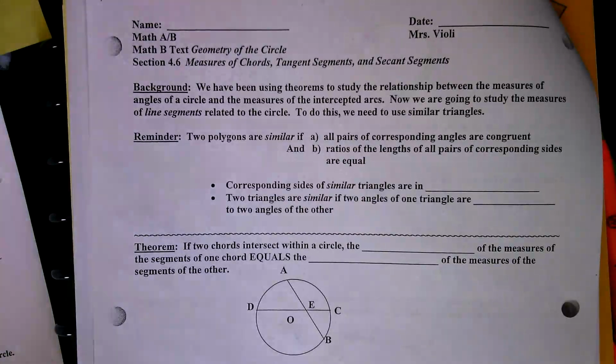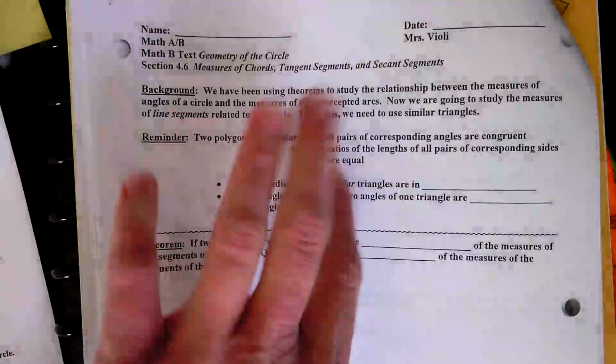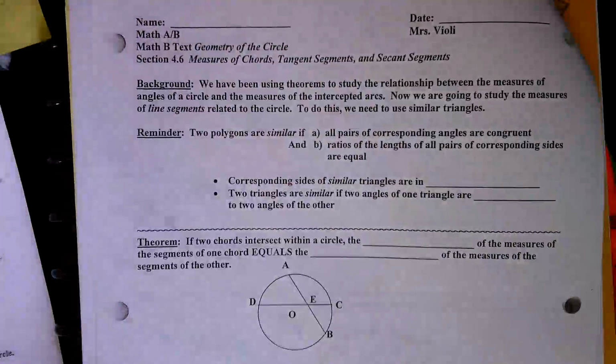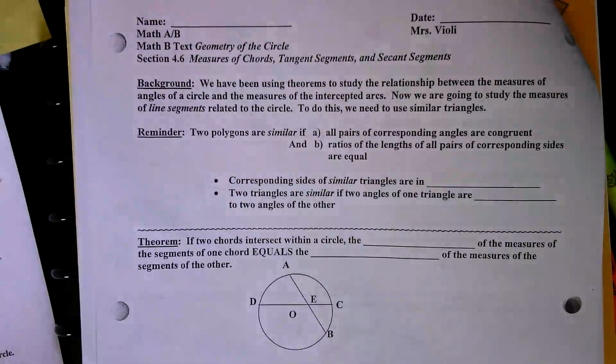So we're going to briefly remind ourselves what similar triangles are. Two polygons are similar if, A, all pairs of corresponding angles are congruent, and B, the ratios of the lengths of all pairs of corresponding sides are equal.